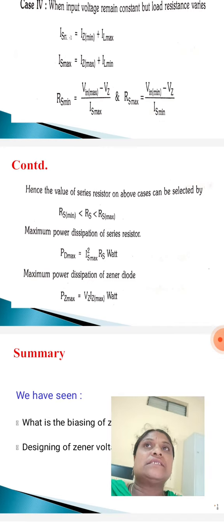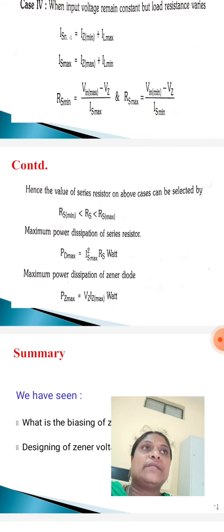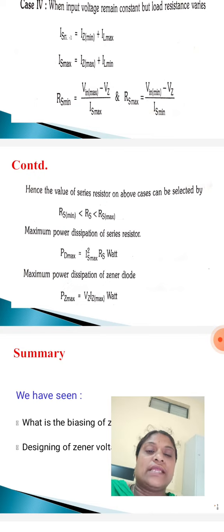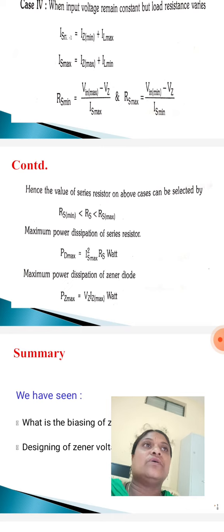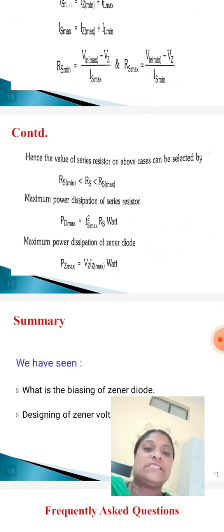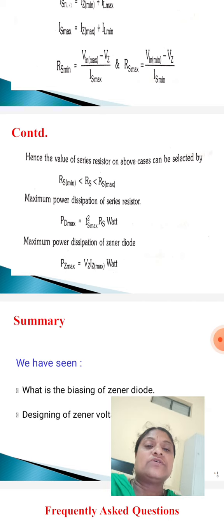P is equal to V into I, the product of voltage and current. V is equal to I into R. Substitute V equal to I into R in power, so P is equal to I into R into I, that is I square R. So we can find P maximum and P minimum.